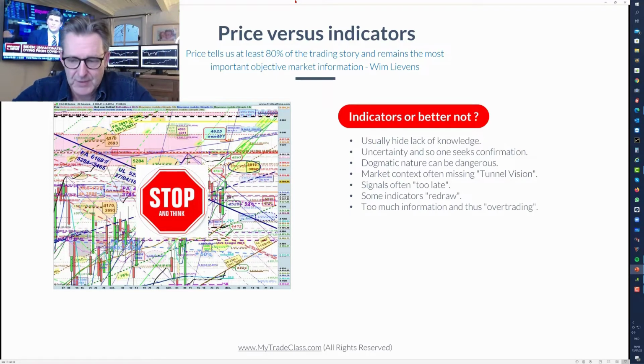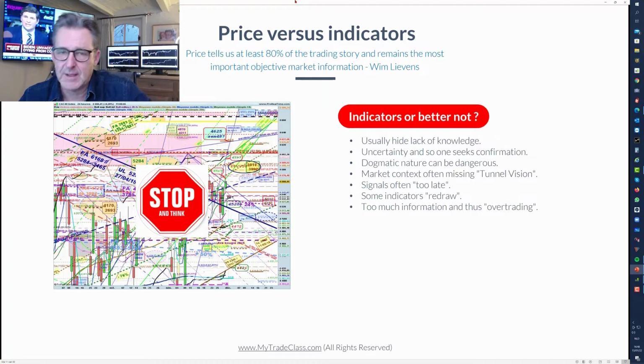Because you have trend indicators, and oscillators, and even other types of indicators, but they will only work under certain market conditions. In other market conditions, they just won't work. Also, indicators very often come one step, sometimes two steps too late.